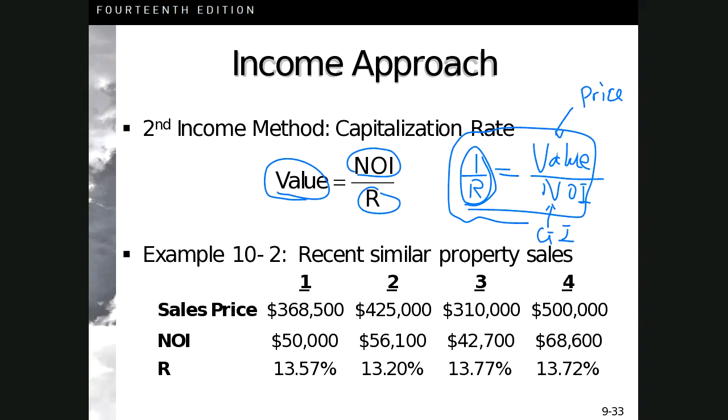So really, it comes back to two questions. One is, between NOI and gross income, which one is more stable and more meaningful?